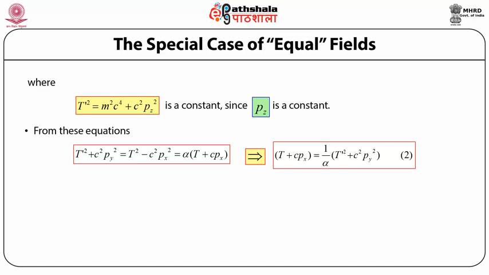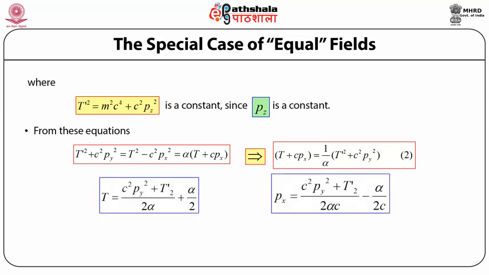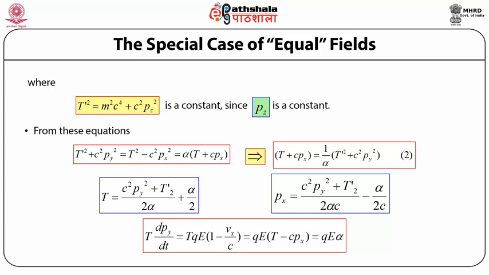On solving equations 1 and 2, we get T equals (c squared py squared plus T dash squared) divided by 2 alpha, plus alpha by 2, and px equals (c squared py squared plus T dash squared) divided by 2 alpha c, minus alpha by 2c. Further, T dpy by dt equals T qE times 1 minus vx by c, which equals qE times T minus cpx, equals qE alpha.